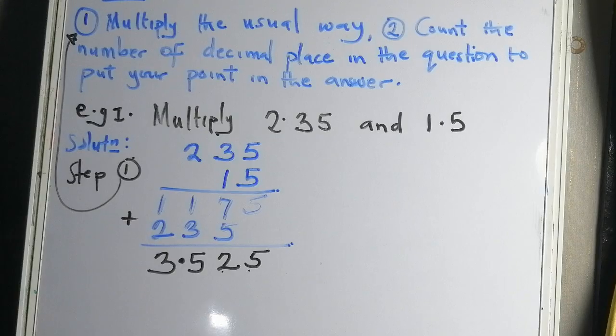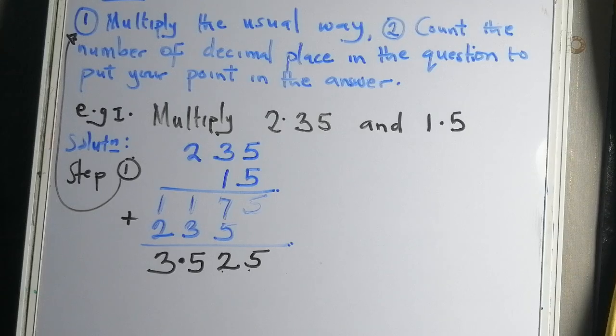So that is how to multiply decimal questions without using a calculator. If you press a calculator, at the end of the day, you will get 3.525 as the answer. It's as simple as that. I don't want to dwell too much on this. I just have to introduce it so that you can see that it's easy to do your multiplication.